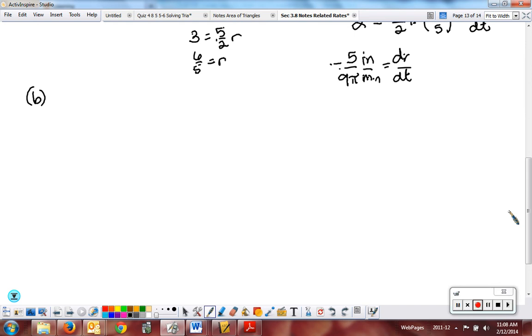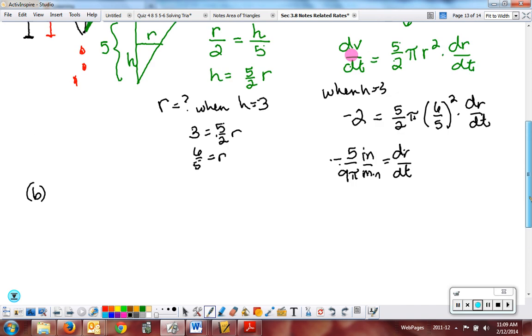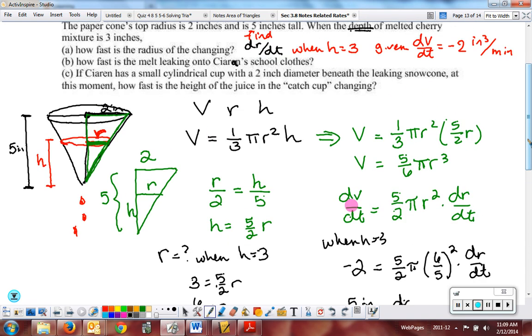So, think about this. What are they asking me to find now? How fast the melt is leaking onto his clothes. How fast is the volume decreasing? Is that what they're asking? That's how fast it's dripping. I agree it's related to the volume where it's leaving. But what's happening on his clothes?